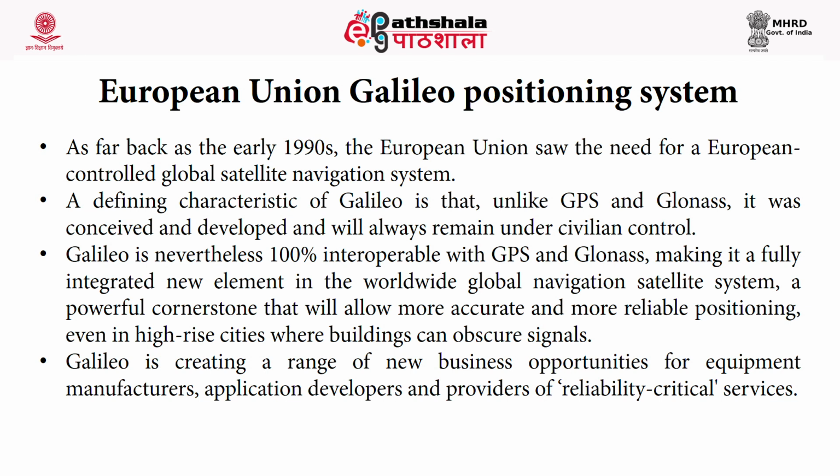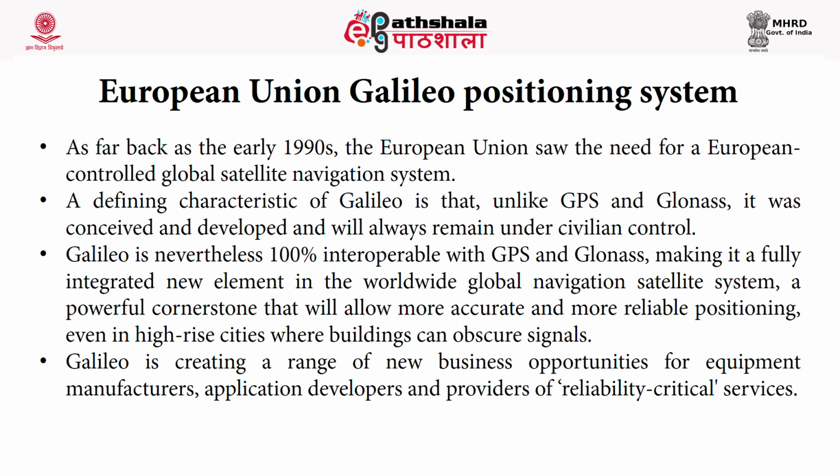It is also a powerful cornerstone that will allow more accurate and more reliable positioning even in high-rise cities where buildings can obscure the signals. It is creating a new range of business opportunities for equipment manufacturers, application developers and providers of reliability critical services, and all these applications are related to peaceful uses of the positioning system.